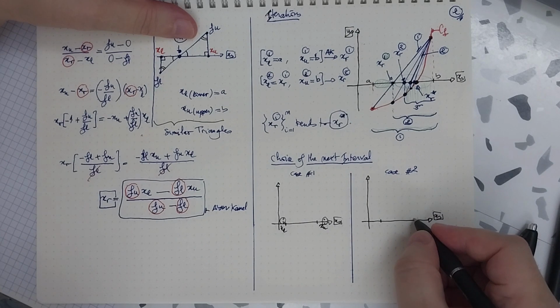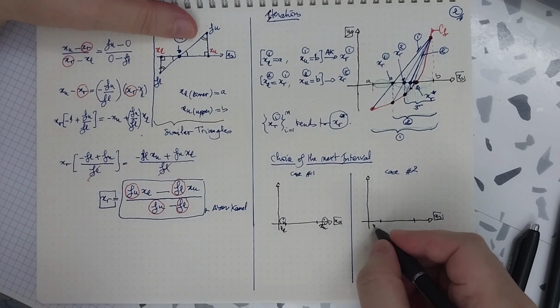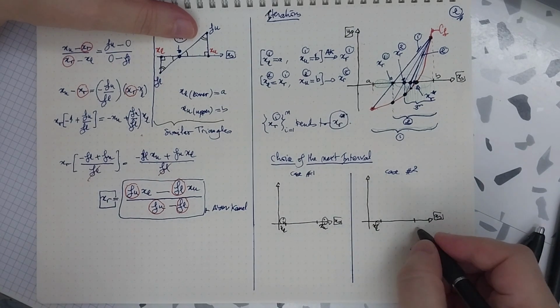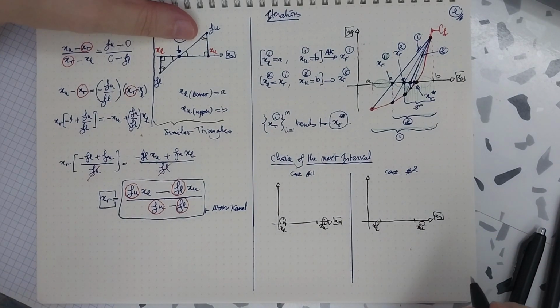Same here, XL at the ith iteration, XU at the ith iteration.